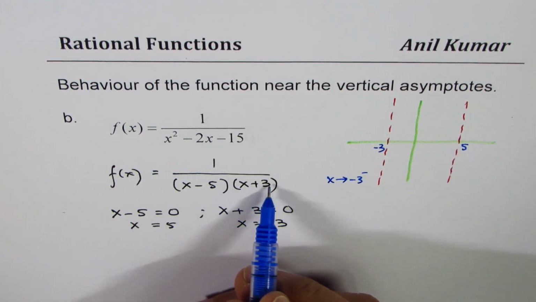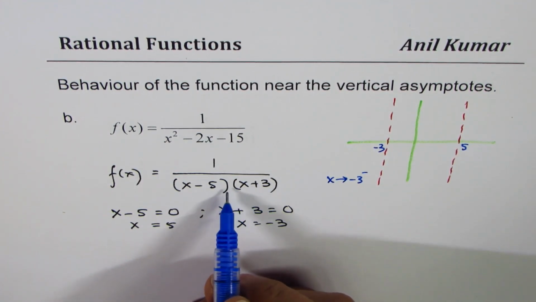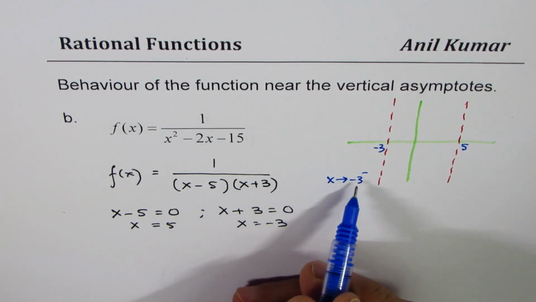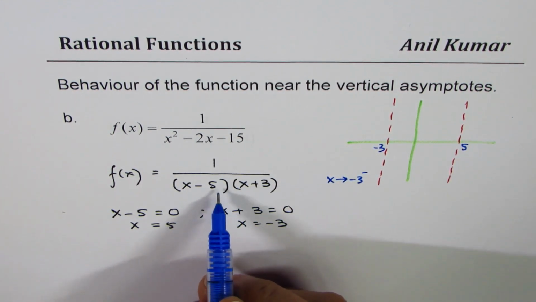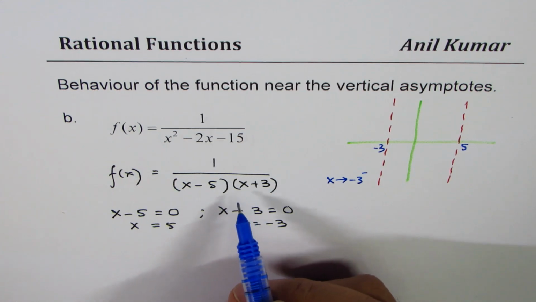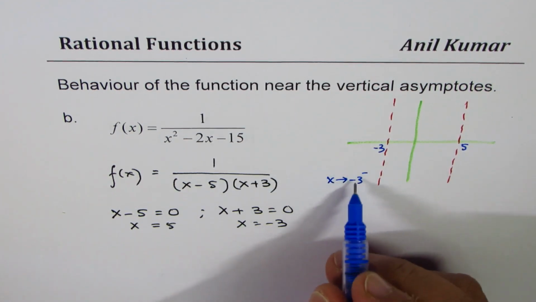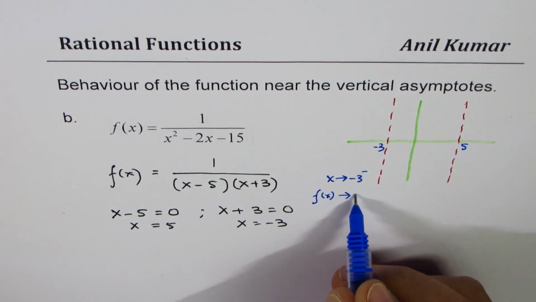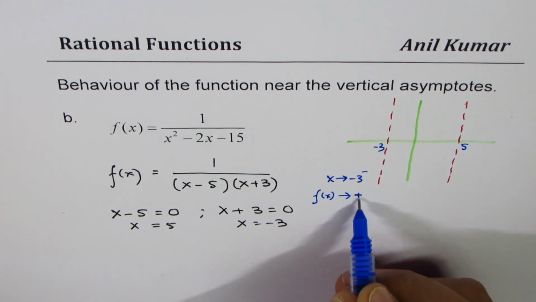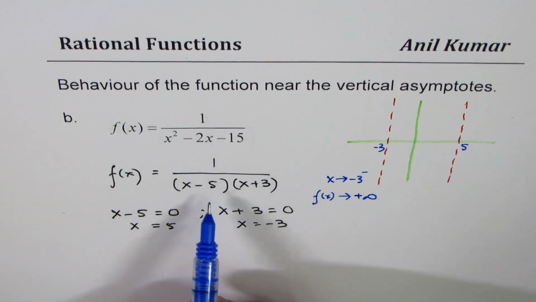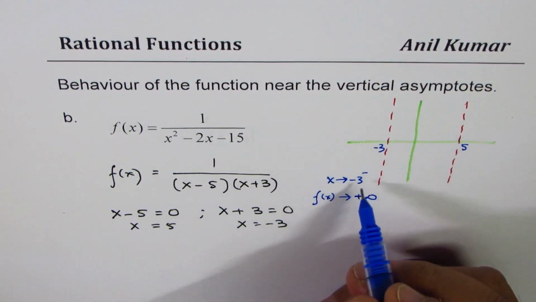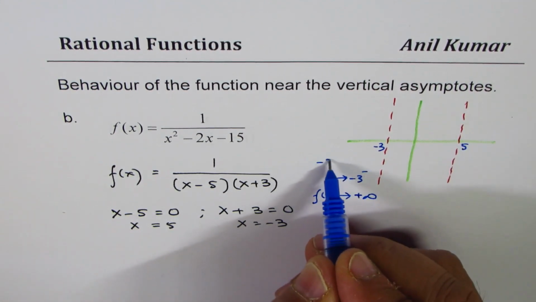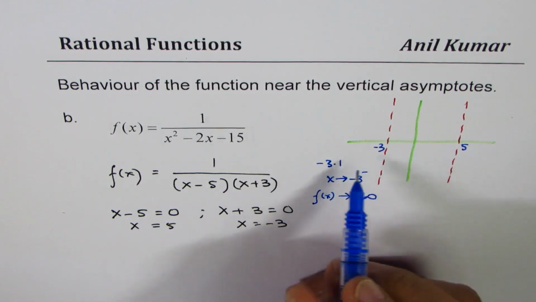And if it is more negative than minus 3, let's say minus 3.1, that is also negative. So two negatives will give us positive, right? So you'll find that f of x will approach positive infinity, correct?